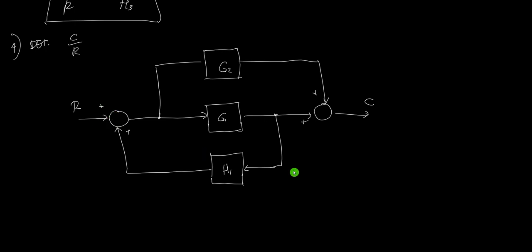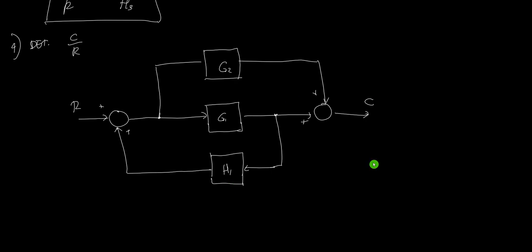We simplify this canonical form into a single block first, then parallel that with G2. So there are so many ways of solving this problem. It depends on what you want and what you remember of doing. Is it easier for us to move the take-off point along a block or along a summing point?